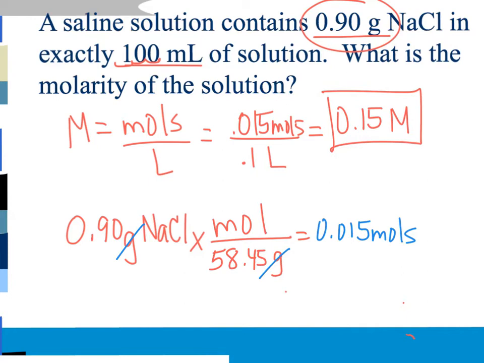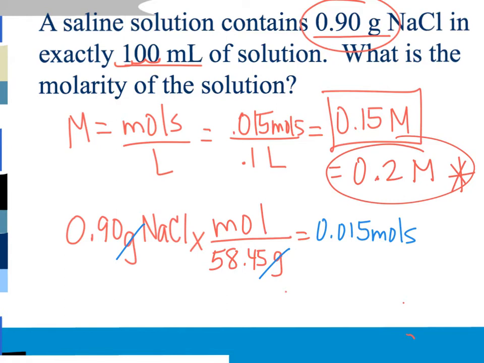When you are dividing, you round your answer to the one that has the least number of sig figs. So instead of 0.15, we should round that to 0.2 molarity so that it only has 1 sig fig. All right, now let's go on to the next problem.